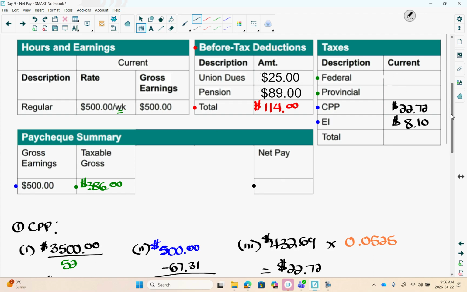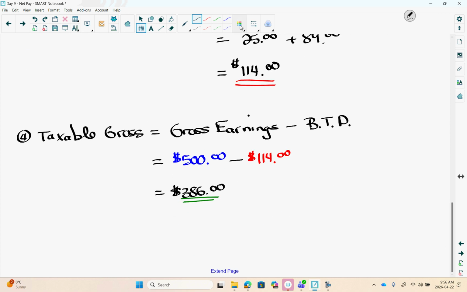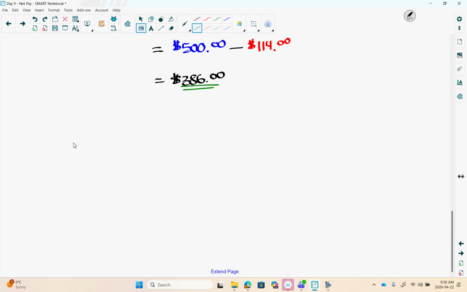Now, when you're figuring out the federal and provincial amounts, we'll go federal first. It doesn't really matter. But if I'm looking for the federal deduction, I need to know my taxable gross. What was that?